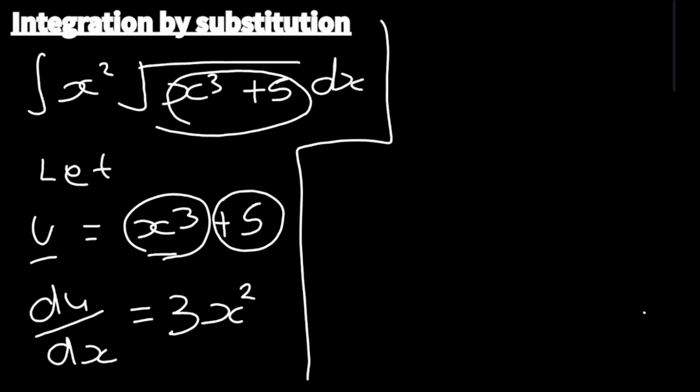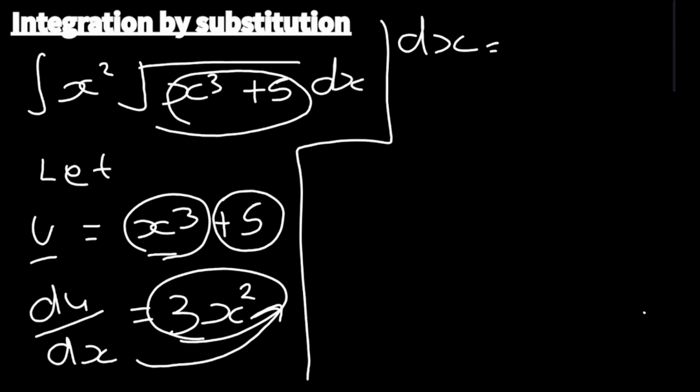The next step is to make dx the subject. To make dx the subject, we take dx the other side and we bring 3x squared the other side, so that our dx will be du over 3x squared.